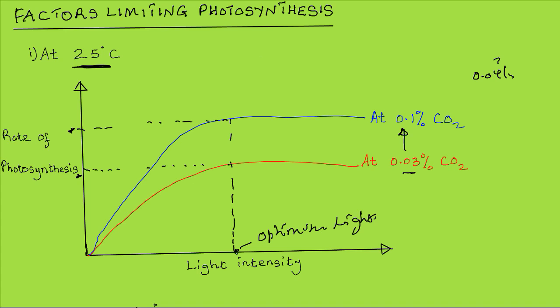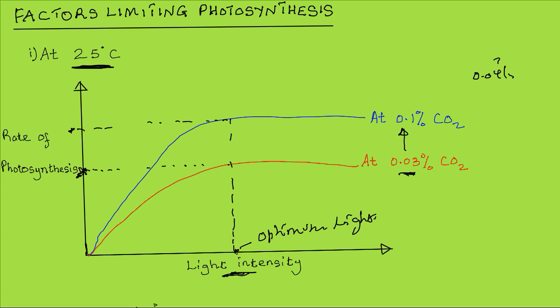if we vary the CO2 level, if we increase the CO2 level, as long as light intensity is not limiting, that is, the light intensity is at its optimum, then we expect the rate of photosynthesis to also increase, because at 0.03% and with light intensity at its optimum and temperature at 25 degrees C, then this low 0.03% carbon dioxide will limit the rate of photosynthesis to this point here.